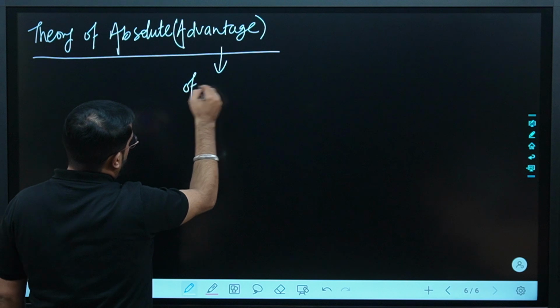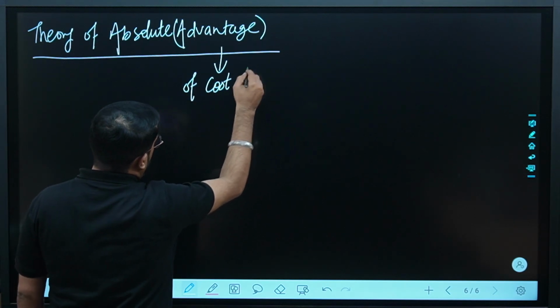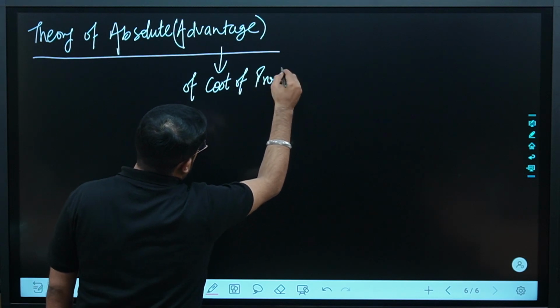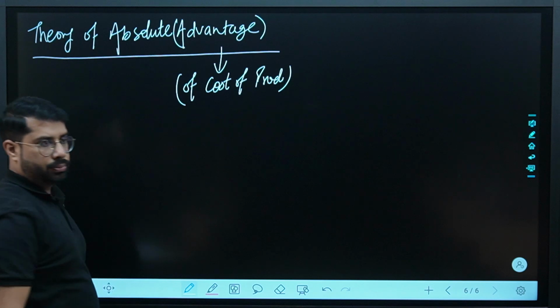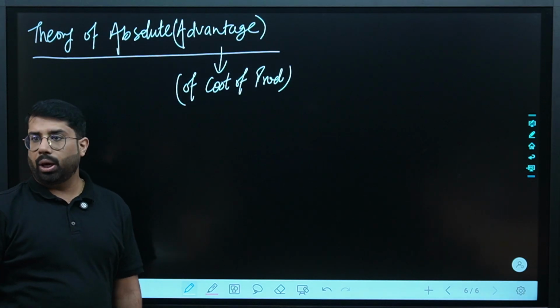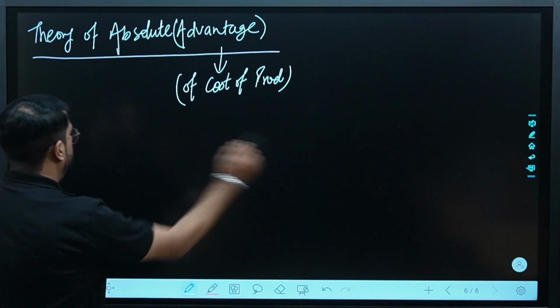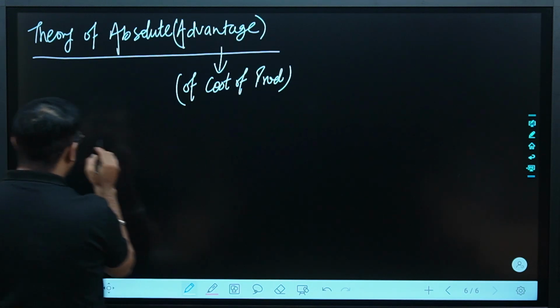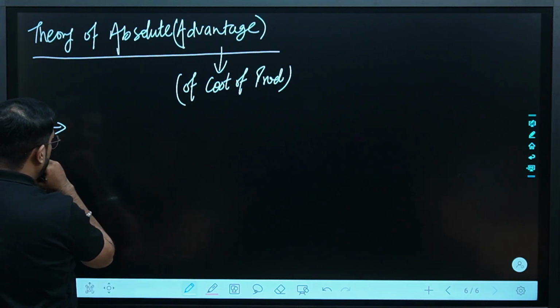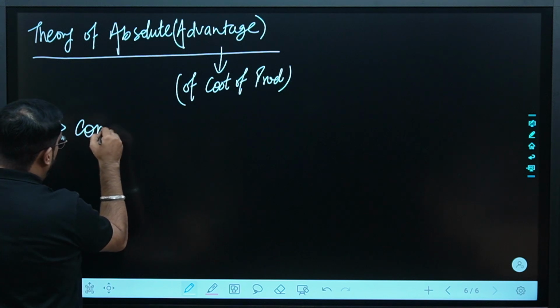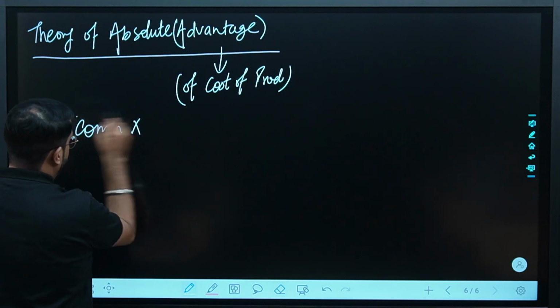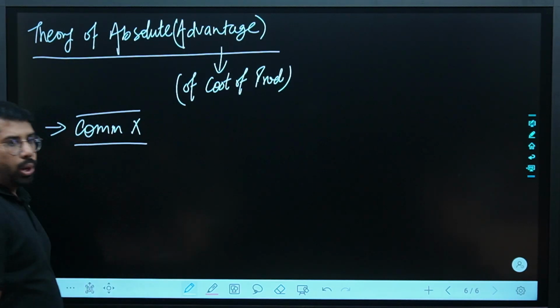Advantage of cost of production. Advantage of what? Advantage of cost of production. Means it says, for example, we talk about a commodity that is commodity X.